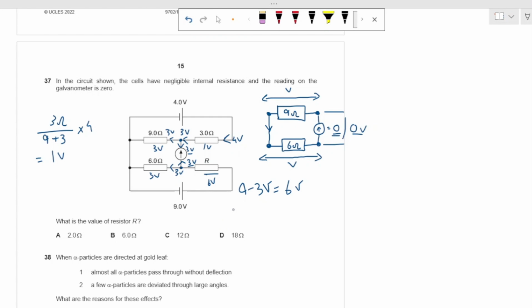Basically, we'll have the resistor of R over 6 plus R, as it's the total resistance, multiply by 9, and it should be equal to 6.